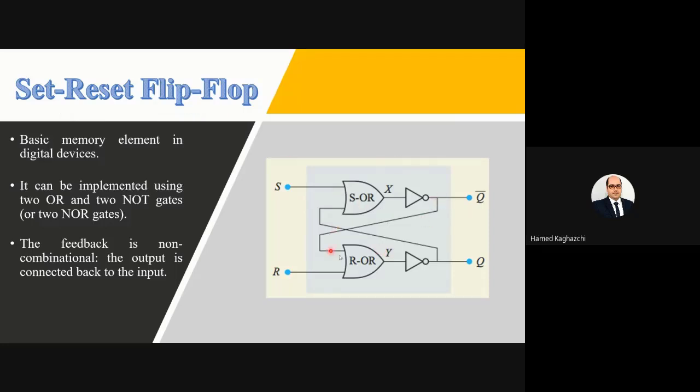In this circuit, we have feedback signals. This is a feedback signal, and this is also a feedback signal. What is the meaning of feedback? The feedback signal is a signal that connects the output, or sends the value of the output, to the input. It means that we feed the signal back.